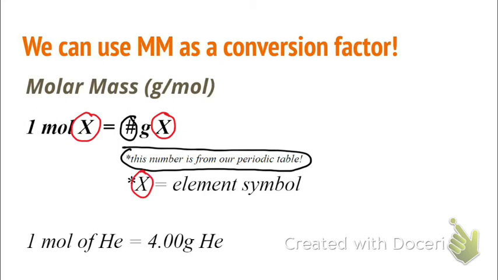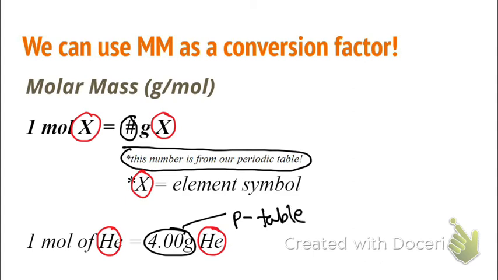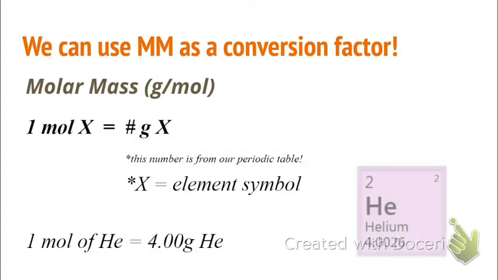So you can see it down below here as an example that I've got 1 mole of helium is equal to 4 grams of helium, and that I got this number, the 4, from my periodic table. See? Same number.